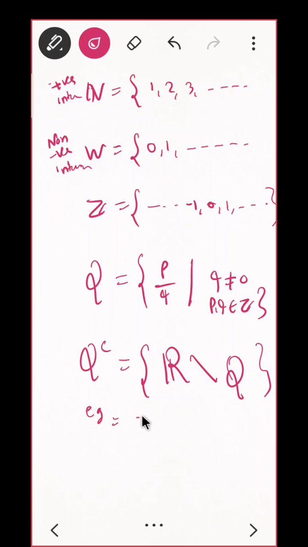Example would be pi, e, and so on. Correct? Root 2, root 3, even root p, any prime, that will always be irrational. Root of any prime number is always an irrational number. Is that okay? Yeah. So this was all about complement.